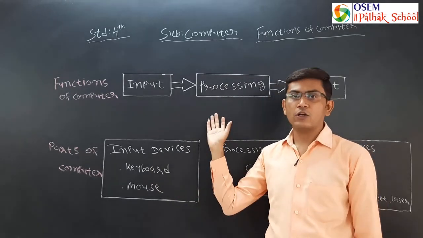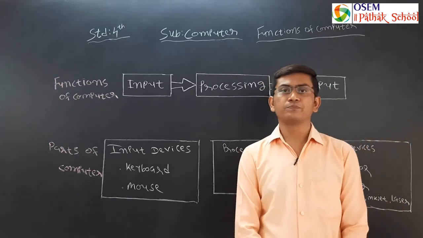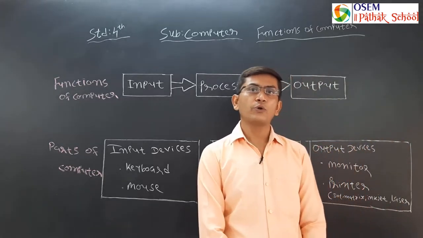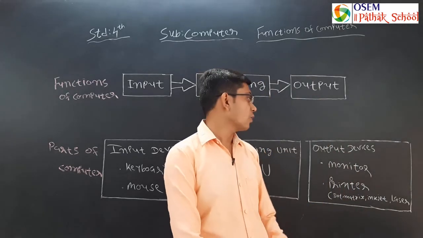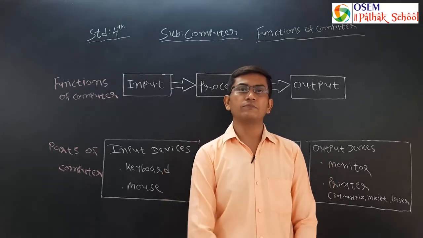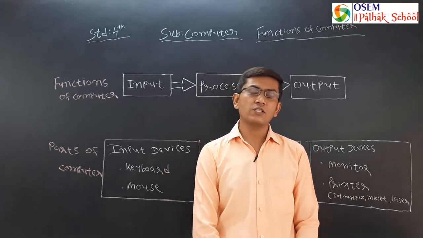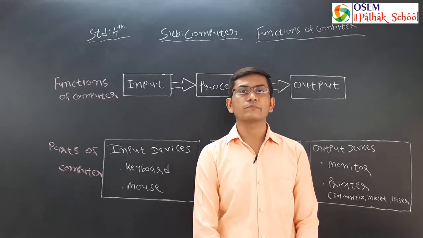For processing, the computer uses the processing unit, that is the CPU. And to display output or to print the output on paper, output devices are used, that is monitor and printer. So this is all about functions of computer and parts of computer.